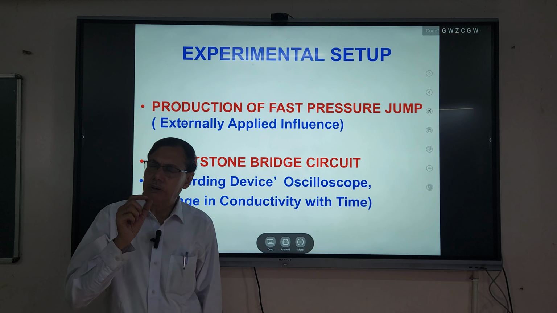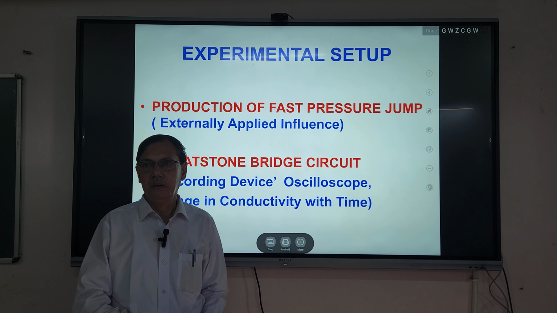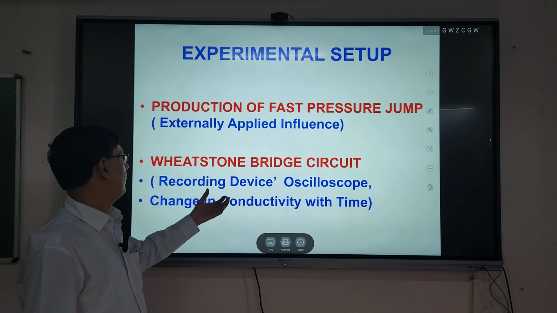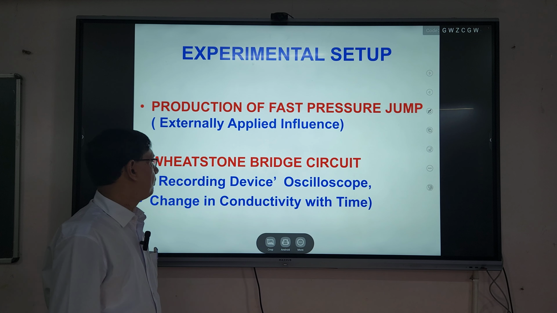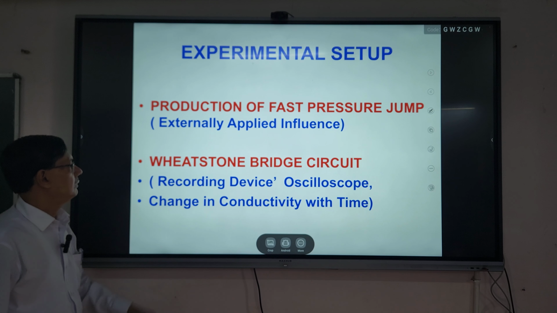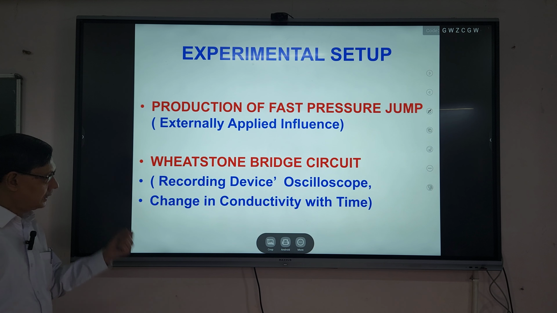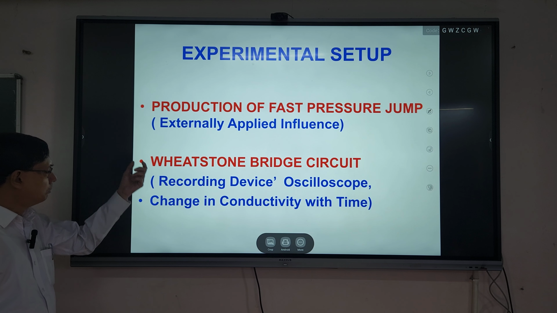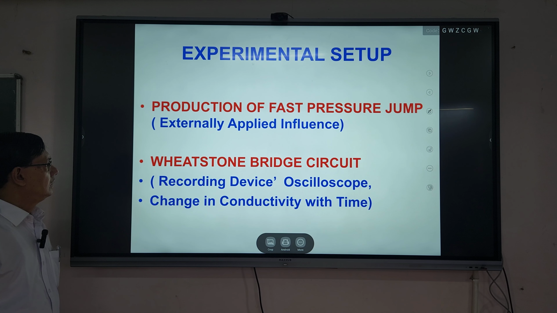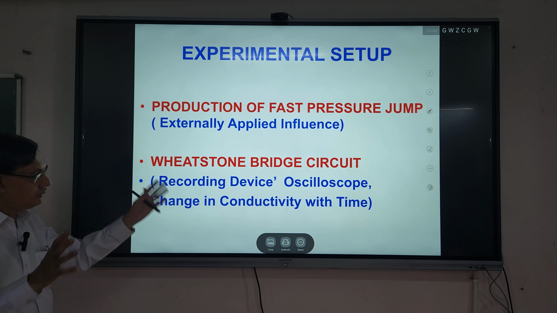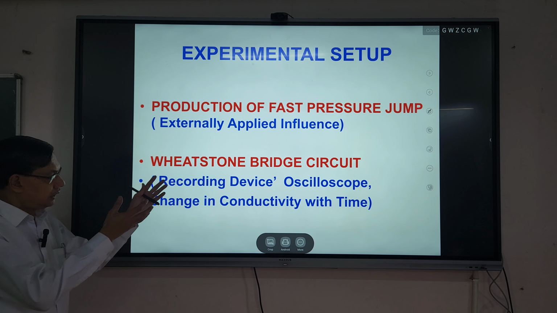This change can be monitored with the help of an oscilloscope or some other device, and you all know the simple principle of the Wheatstone bridge circuit. So these are the two parts of this experimental setup.